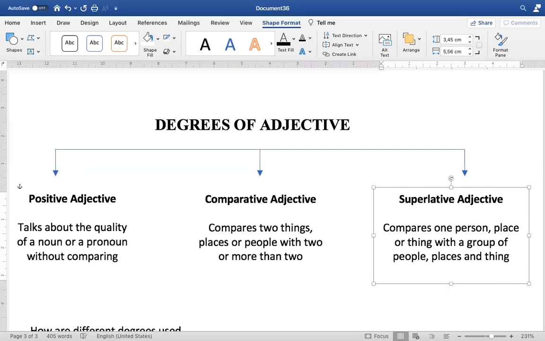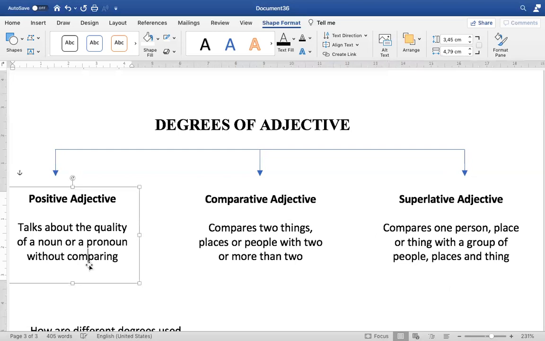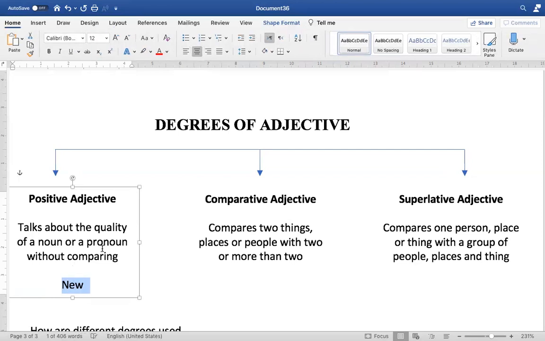So if you want to use an adjective, we can simply say, for example, new. New is known as a positive adjective, as we are not actually comparing it with anything.